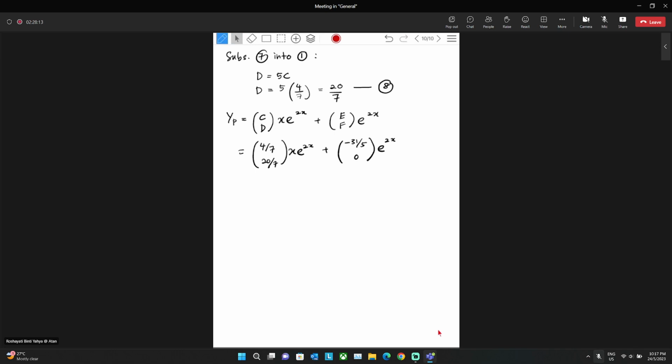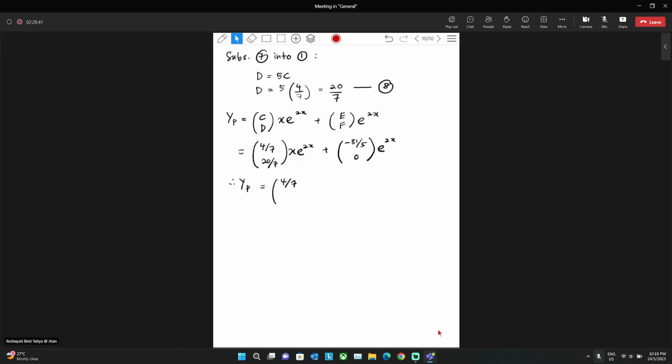So your YP can also be written as, when you look at your coefficient, we have exponential for both.